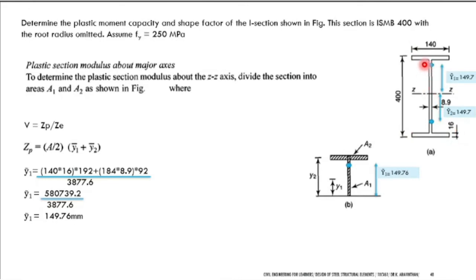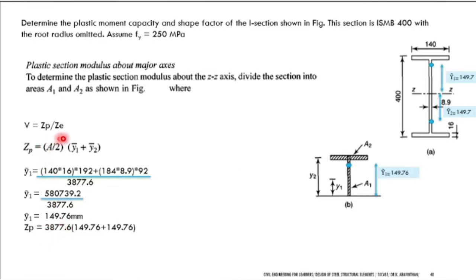Then you have the web of the section. This is web. And what is the depth of the web? Since this is 16 mm, which will be the depth which has to be omitted, and here you have 400 mm. So 400 minus 16 into 2, 368. Okay. So 368, and what is the thickness? 8.9. So 368 into 8.9 is how much? 3877.